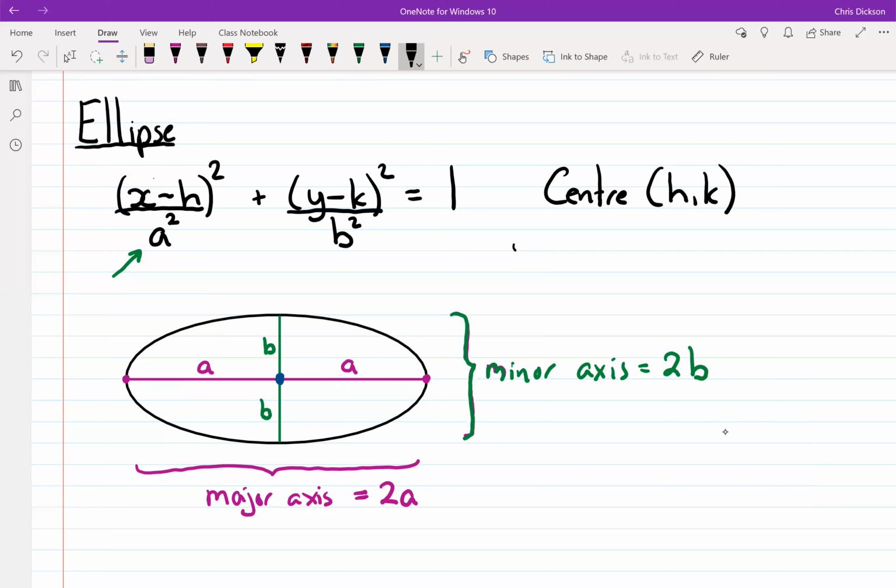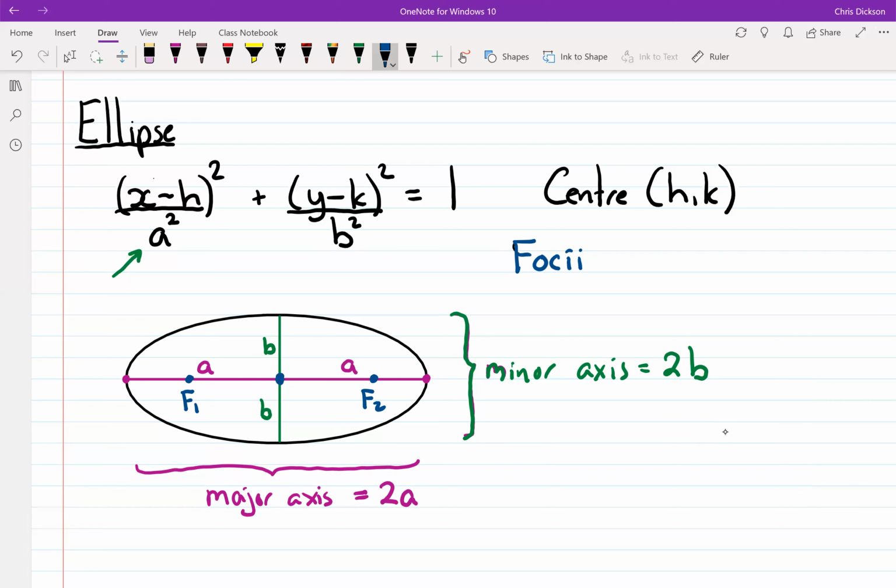Oh yes, and then somewhere around here and over here, we have what we saw in the parabola. Inside the parabola there was this thing called the focus, and an ellipse also has a focus. In fact, it has two. We don't say focuses, we say foci, which sounds funny, like I'm angry with you.